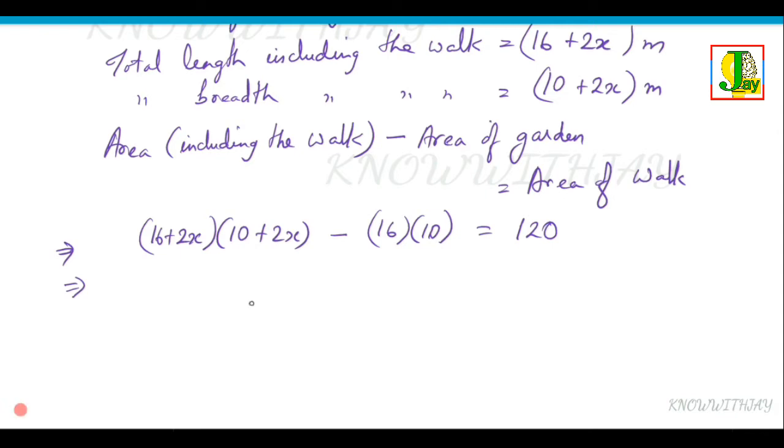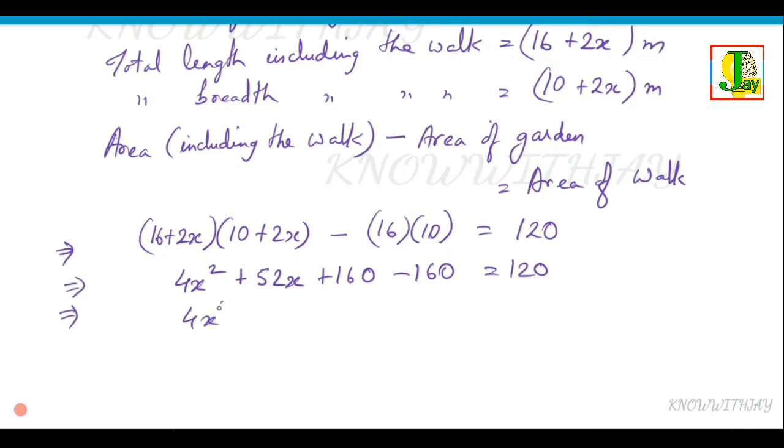We have to write the quadratic equation in terms of x. If you open the bracket, you get 4x square. Then we have 32x and 20x, that's 52x, and then 16 into 10 is 160, minus 160 equals 120.